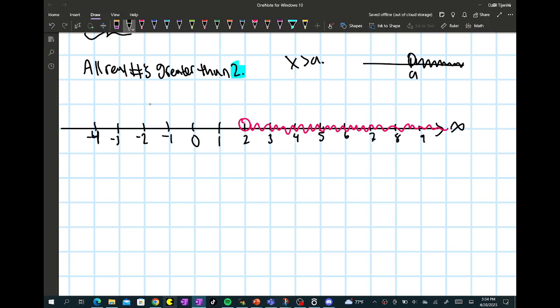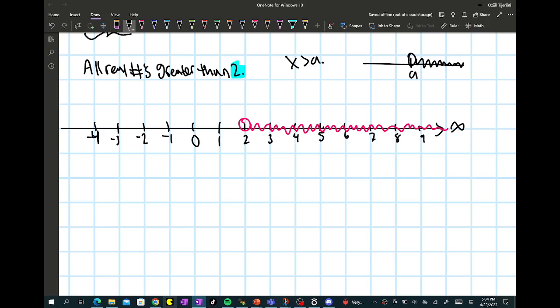It's all positive real numbers, and if it's negative infinity, it's all negative real numbers, but it's more of a term, it's not really a number. It just means that it goes on forever. Okay, just wanted to point that out really quick.